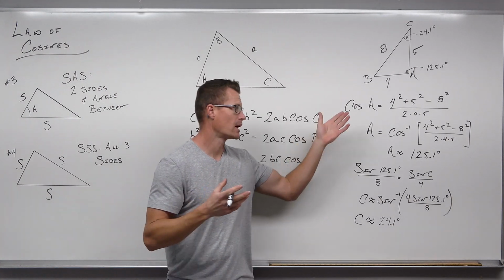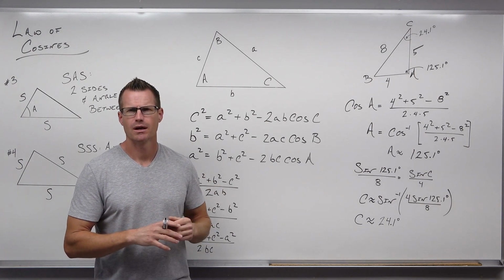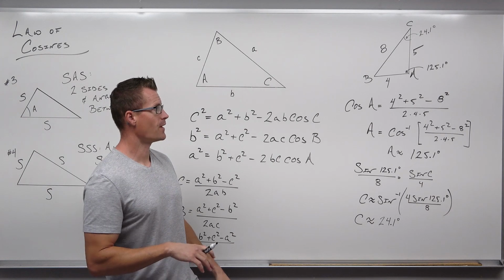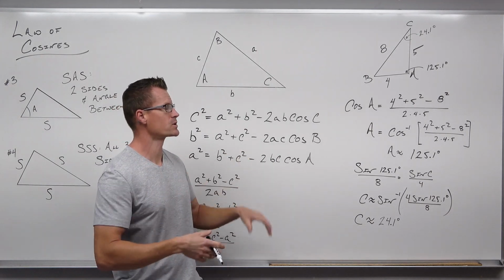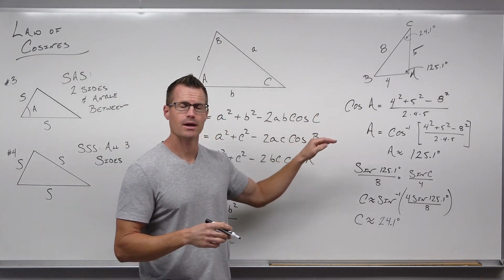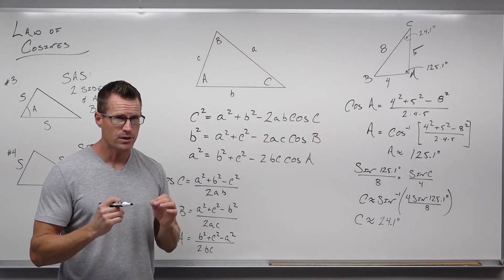Now, what if you don't like the ambiguity of it? You want to use law of cosines? That's totally fine. If we find angle C, let's pretend we didn't know it was 24.1, and we want to do law of cosines, we're going to do the same exact thing. And notice that there are no rounded numbers in that.